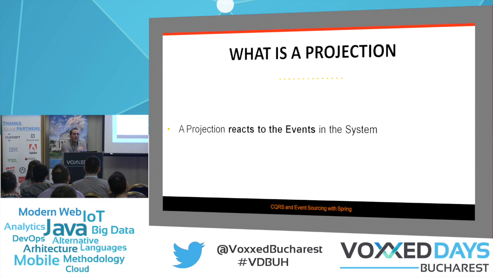Generally it's able to answer a set of questions, and so it only cares about a very small subset of events. So the projection will see all the events flowing through the system and will ignore most of them, and will only pick the data from the ones that are relevant for it.